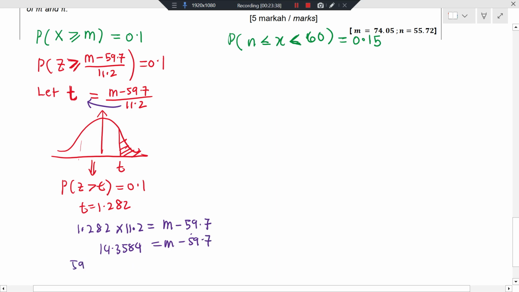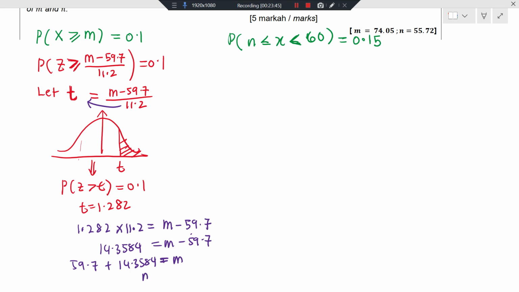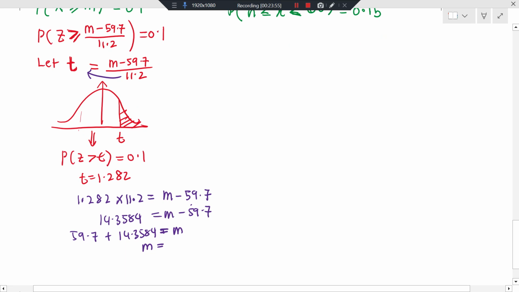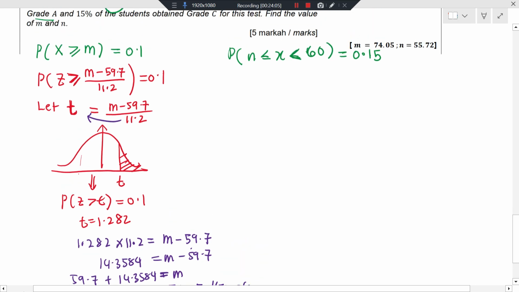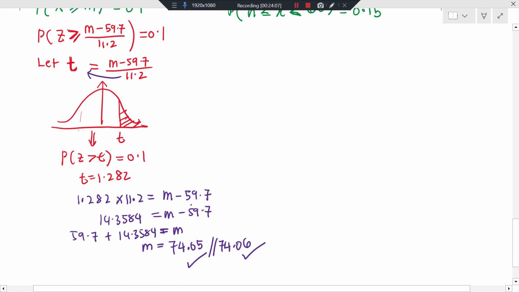Then I bring the 59.7 over and add it to 14.3584, and I should get m. The m I'm getting here is 74.05, or if you get 74.06 it is also correct. Both answers are acceptable, no problem with that.